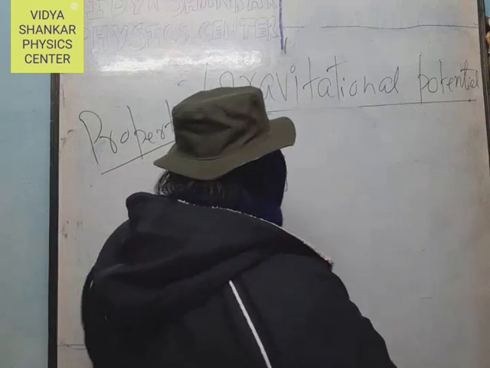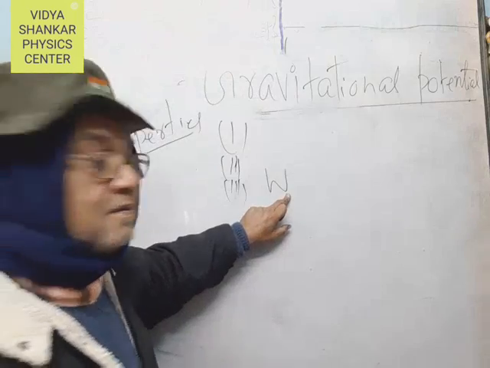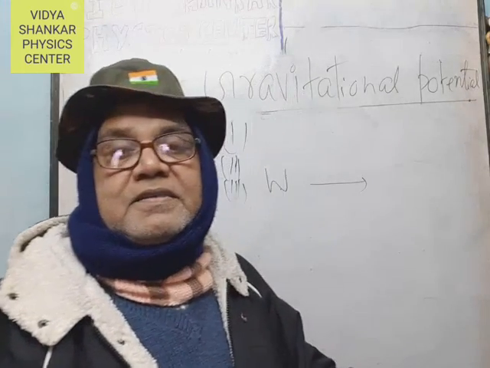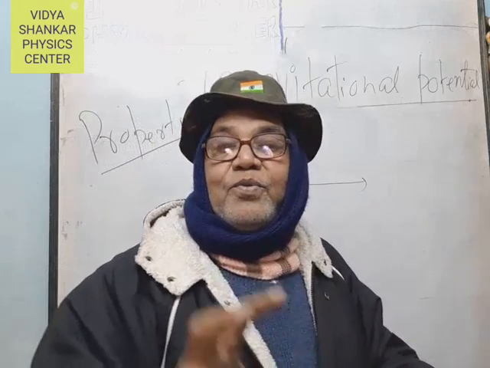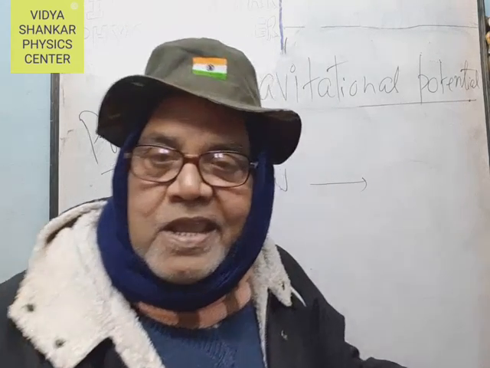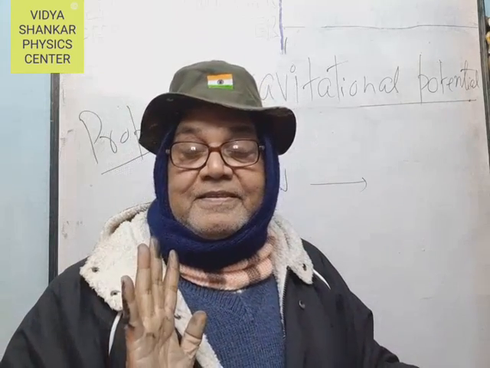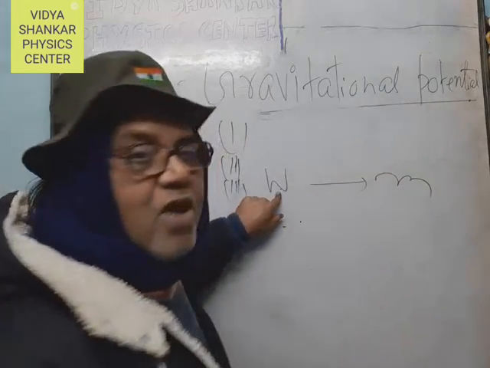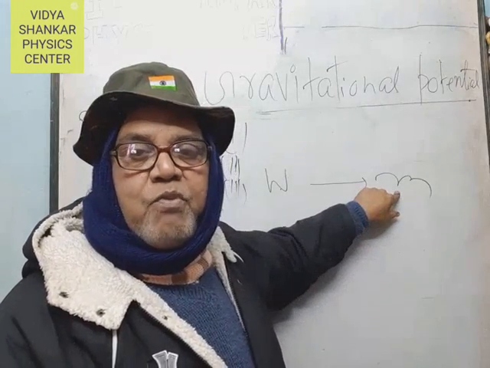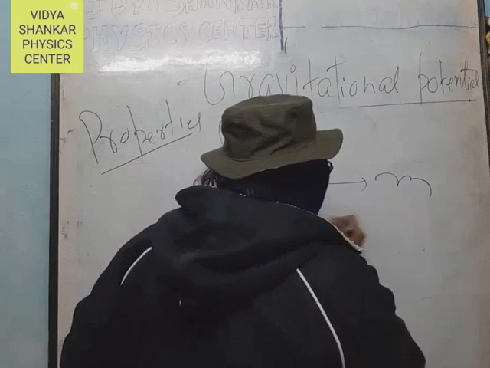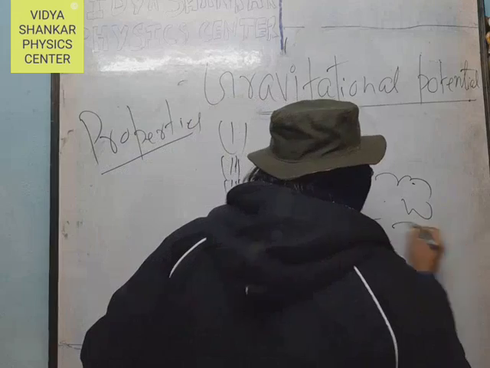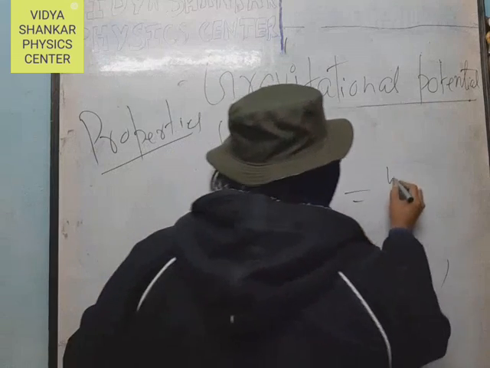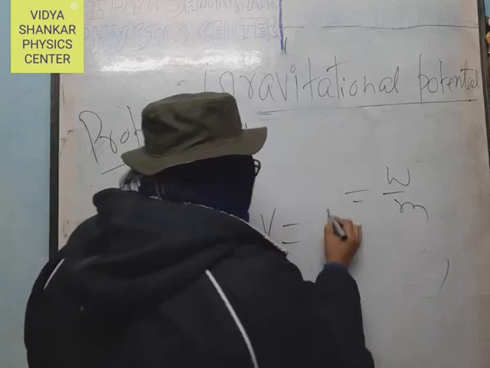Now here, third point. If W is the work done in bringing the M mass from infinity to a point in the gravitational field, therefore, the work done in bringing the unit mass equals W by M. That is the gravitational potential.